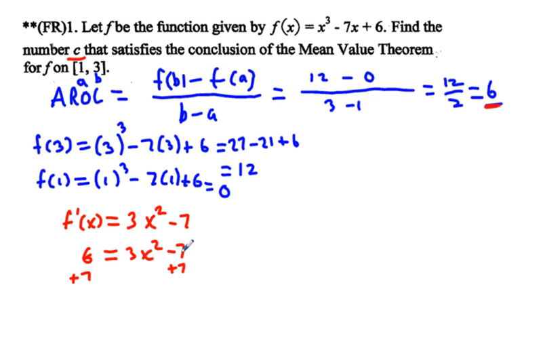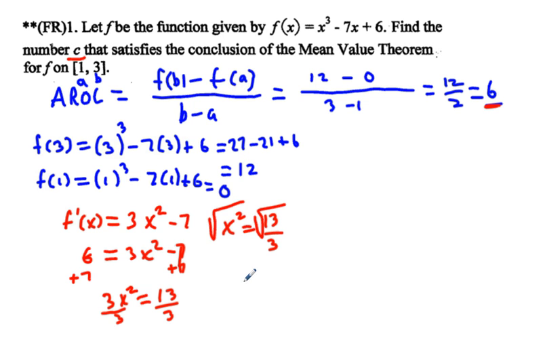We have 3x squared equals 13, and then we divide by 3. So we have x squared equals 13 thirds, and so taking the square root of both sides, we have x equals plus or minus the square root of 13 thirds.